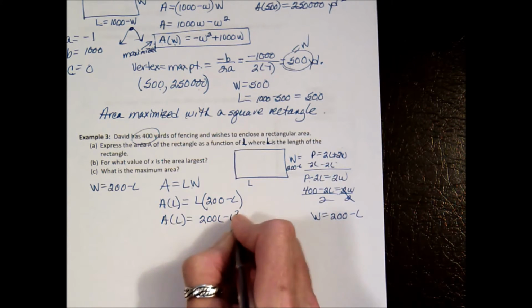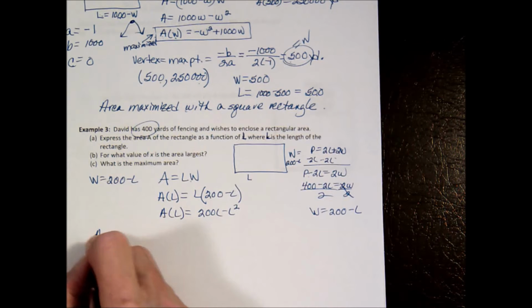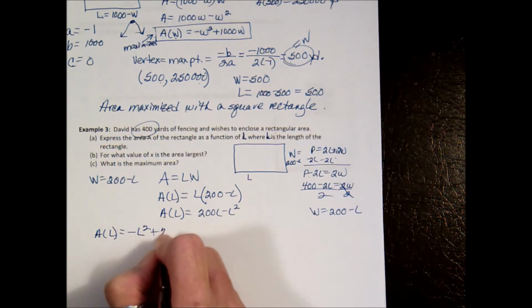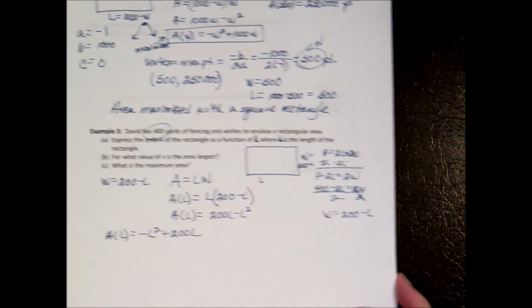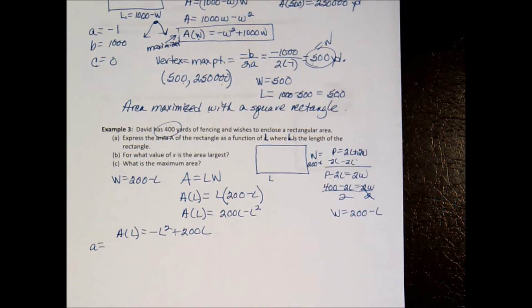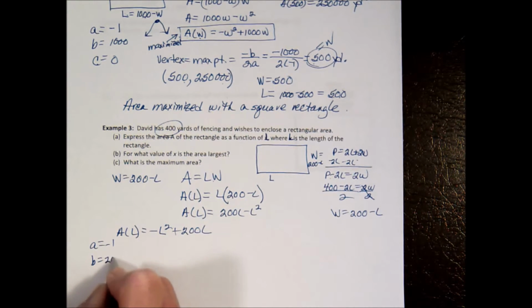You can see this is just like the last one. We're going to turn it around. A of L is equal to negative L squared plus 200L. Let's label our A, B, and C, because we're talking about maximizing, so that tells me a vertex. A equals -1, B equals 200, and C equals 0.